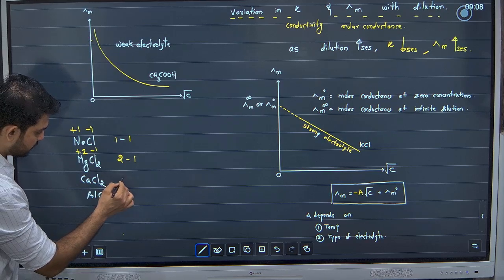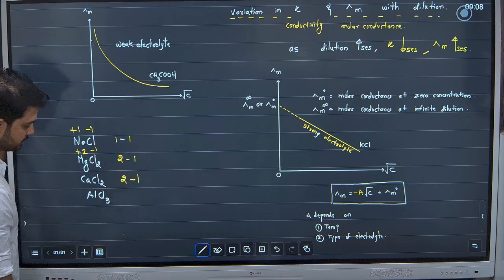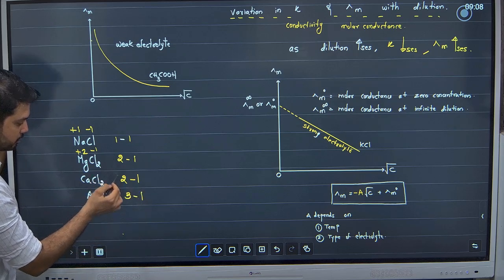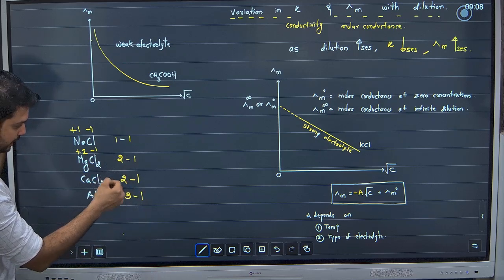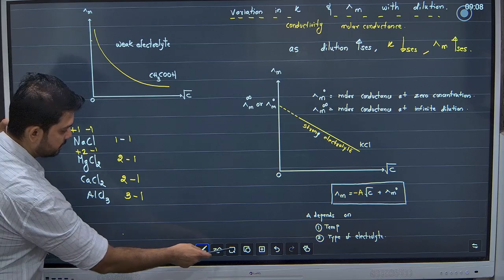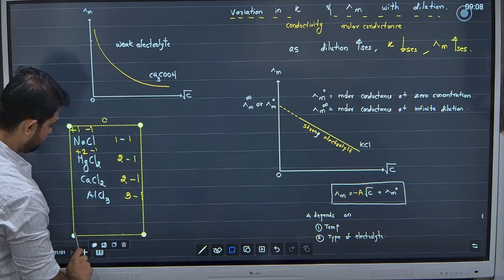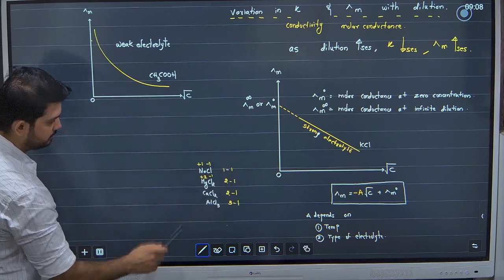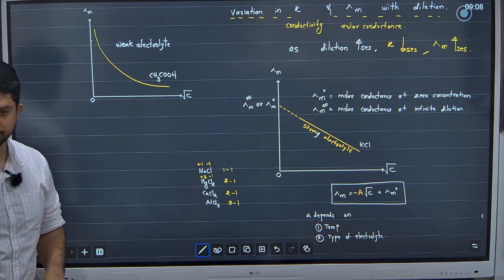CaCl2 will be also called as 2-1. This will be called as 3-1. Electrolytes of the same type, A जिनका same है, they will show similar behavior. Did you people get that? इसको हम बोलते हैं type of electrolyte. चलो, quickly copy this.